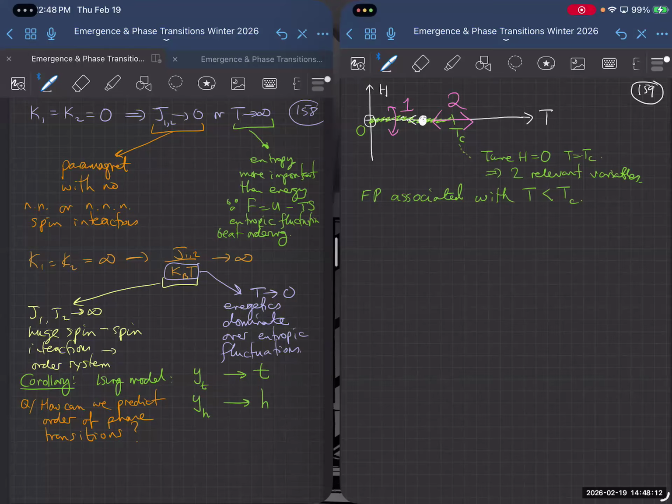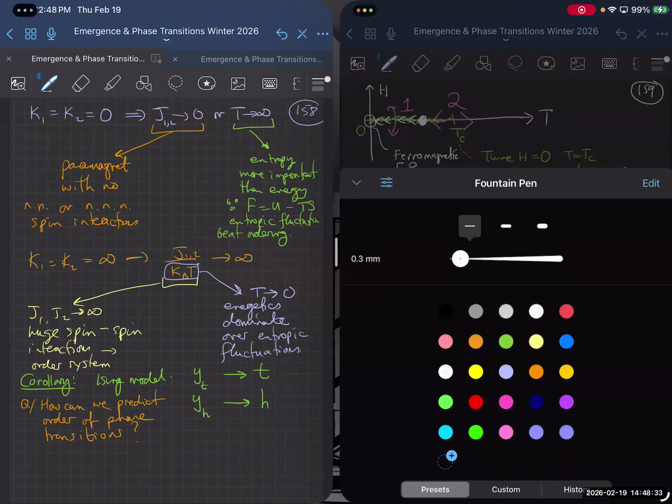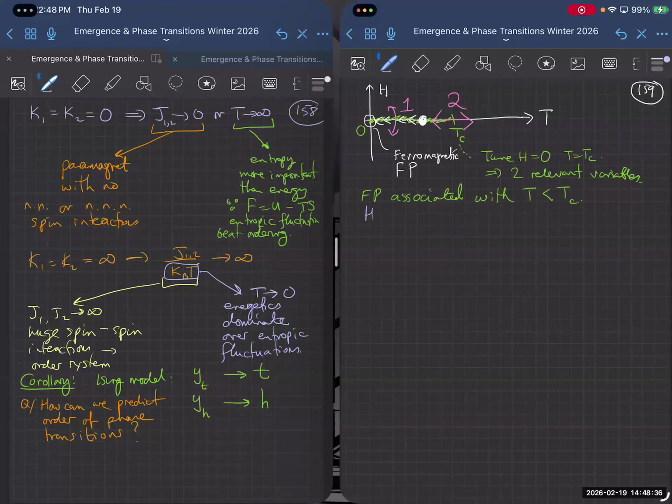So I'm drawing the renormalization group flow on my physical phase diagram, but I hope it's clear to you what I mean by that. This fixed point here is the ferromagnetic fixed point that we talked about before. So that fixed point associated with T less than TC has special properties.